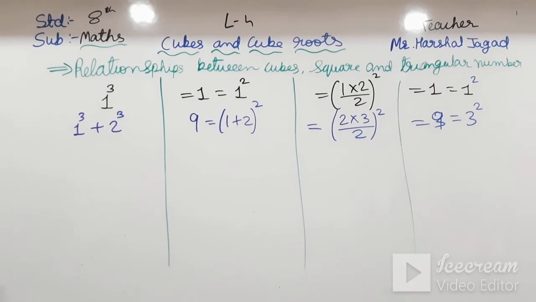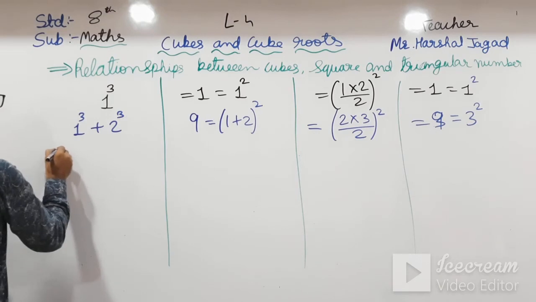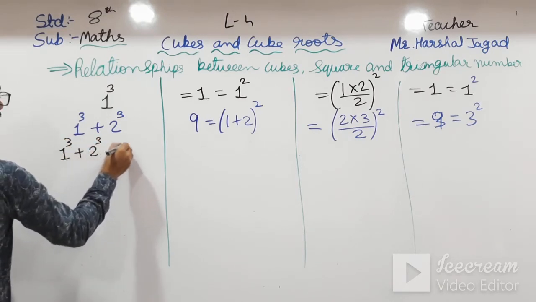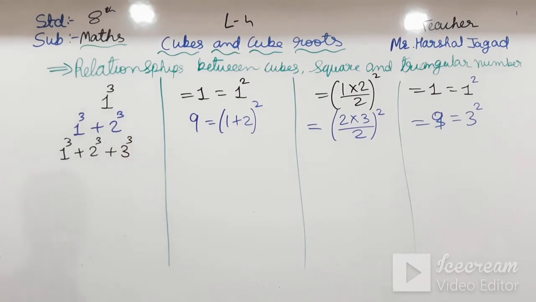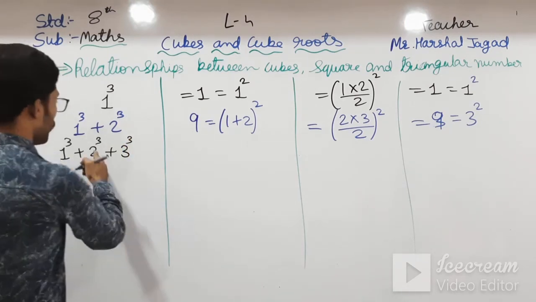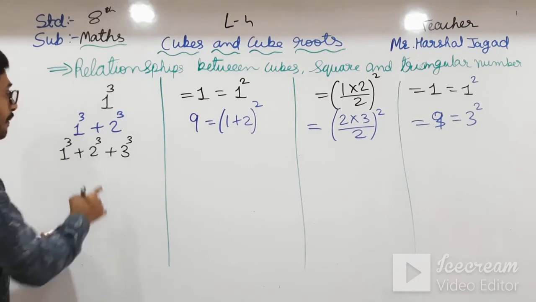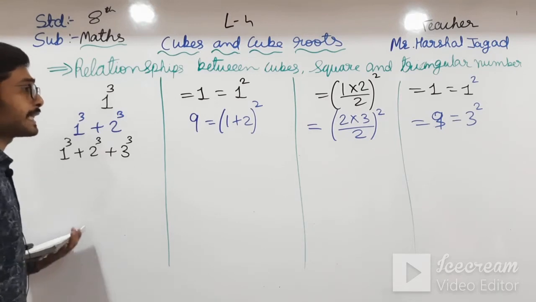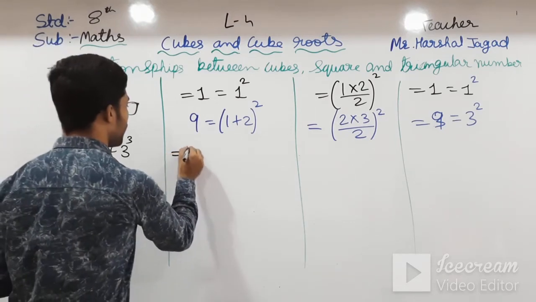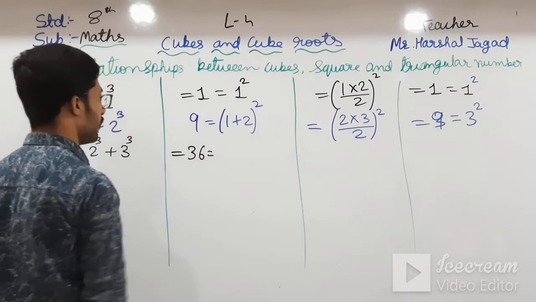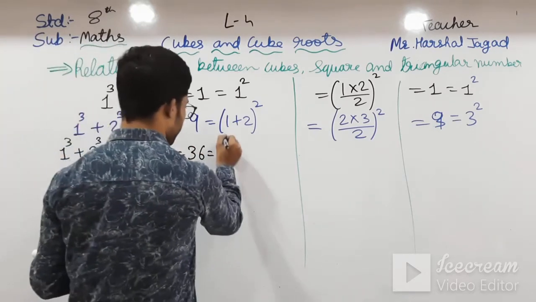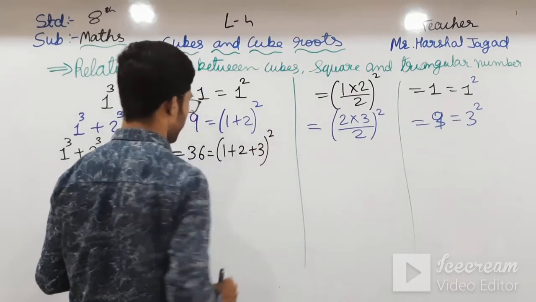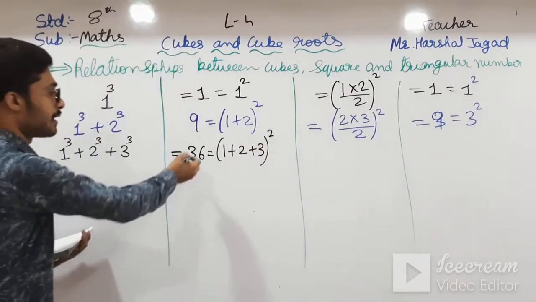Next we will see 1 cube plus 2 cube plus 3 cube. So what will be the total? 2 cube is 8, 8 plus 1 is 9, 9 plus 3 cube, that is 27, so we get 36. So this can be 1 plus 2 plus 3 the whole square, we get 36.